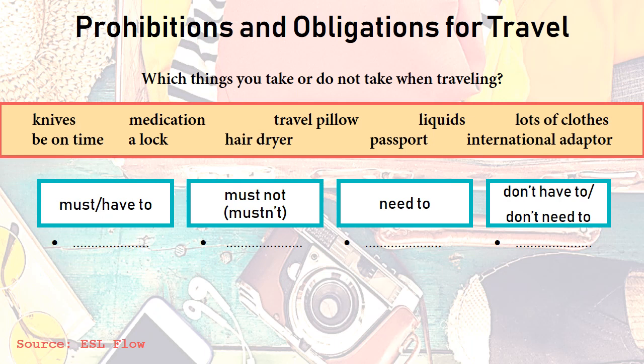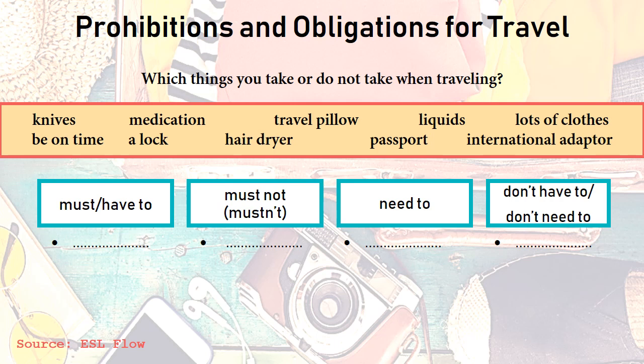Alright, now it's your job to think about prohibitions and obligations for travel. Which things you take or do not take when traveling. There are several things and you need to put them in the correct box. The first box, must or have to.